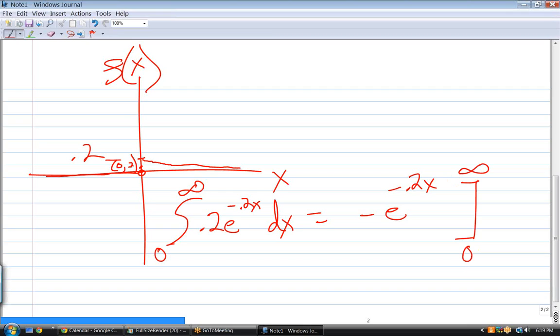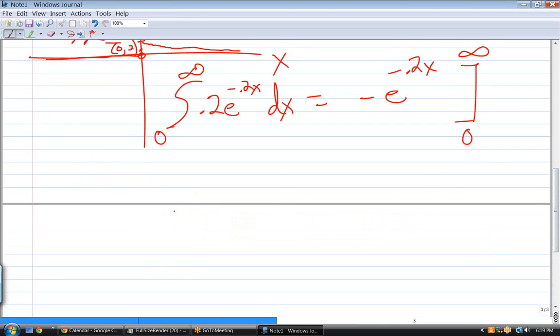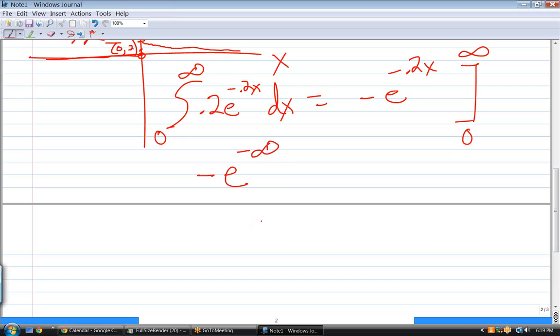Now, most of the textbooks I have insist that you substitute b for infinity, and then you take the limit as b goes to infinity. But I've never found a problem with just substituting infinity for this. In other words, our answer is going to be minus e to the minus infinity, minus e to the 0.